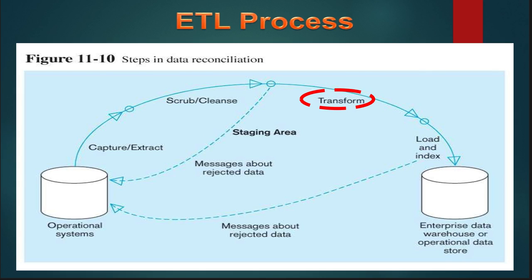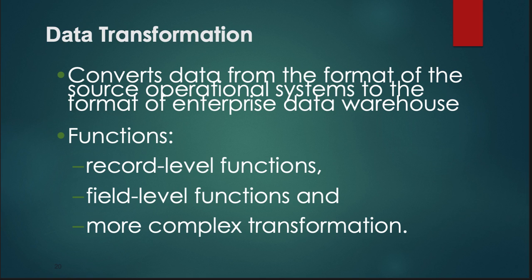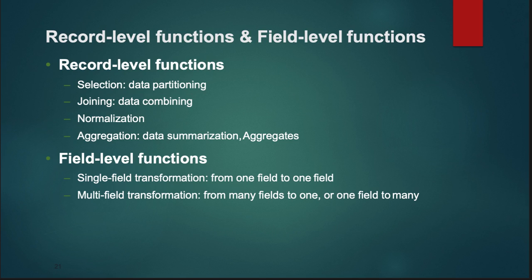This is basic transformation, from extraction to transformation. Transformation converts data from the format of the source operation to the format of the enterprise. Some functions are record level, field level, and more complex transformations.